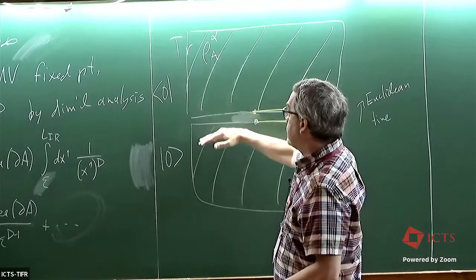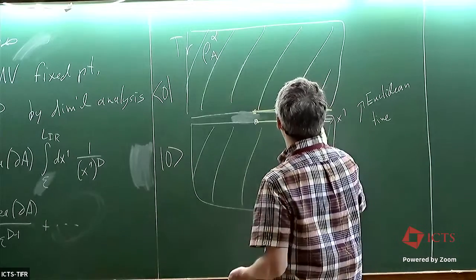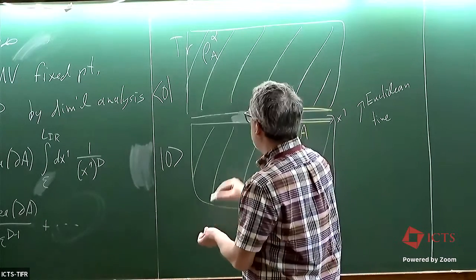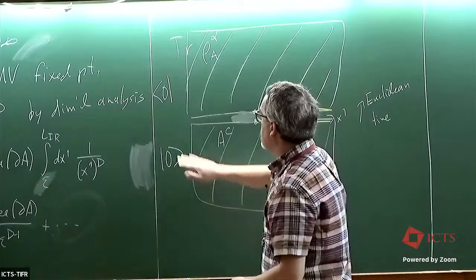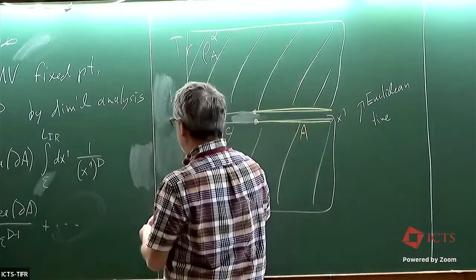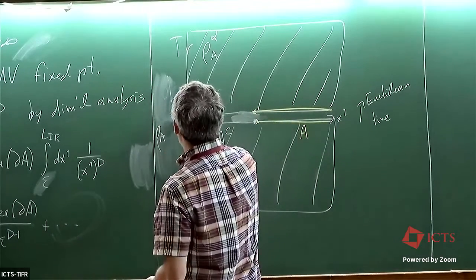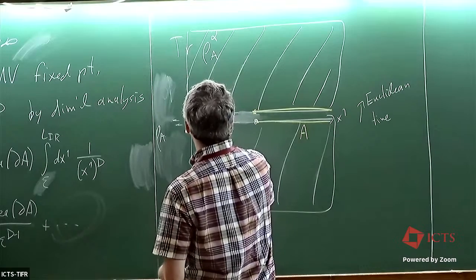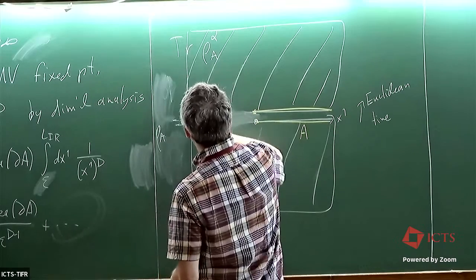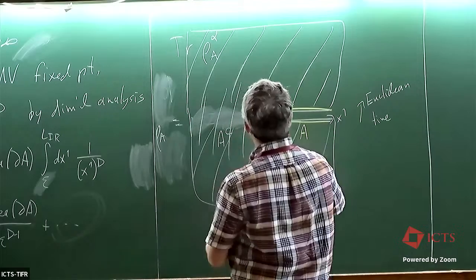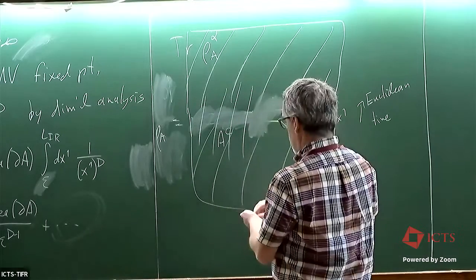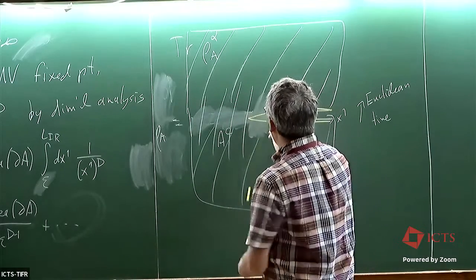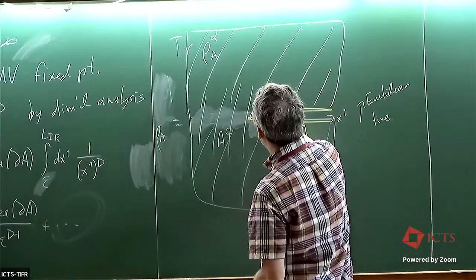That's the trace over A complement. So this is A, and this is A complement. And rho sub A is given by just gluing this to this, so you're doing this path integral over everything up to the entangling surface.